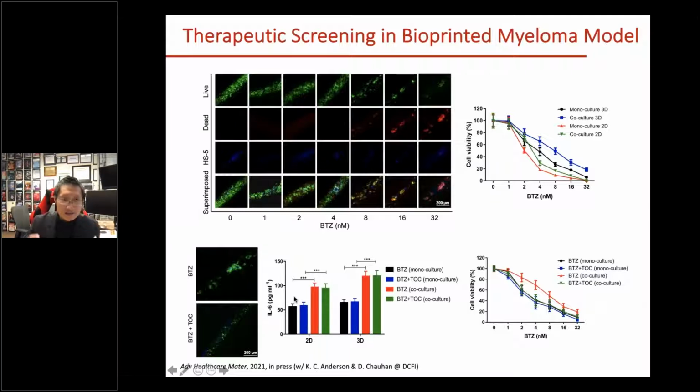So that's causing aggregation of the myeloma cells, but also reduces the therapeutic efficacy. So with another drug molecule, TOC, infused there, you can effectively inhibit the aggregation of the myeloma cells, then start to really improve the therapeutic efficacy of BTZ, right? So that phenomenon can be readily reproduced with this bioprinted myeloma model that we have produced with this coaxial bioprinting method.